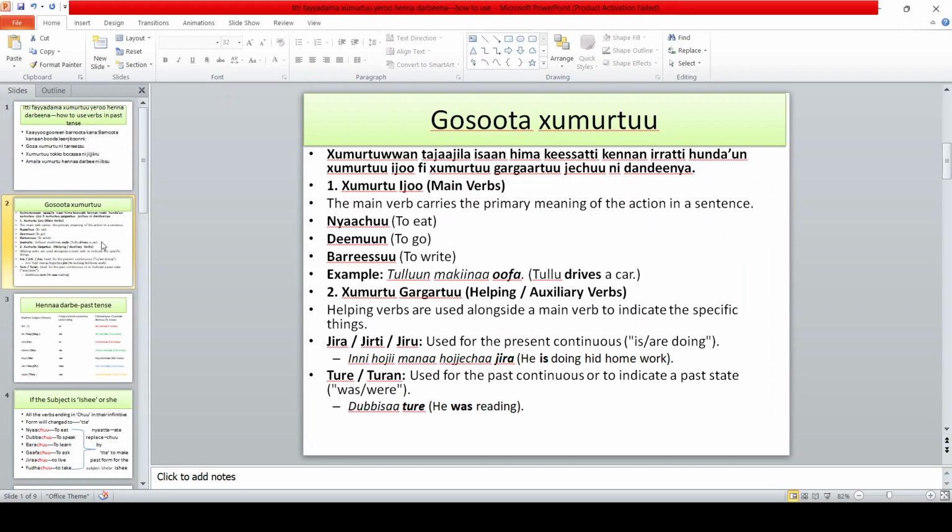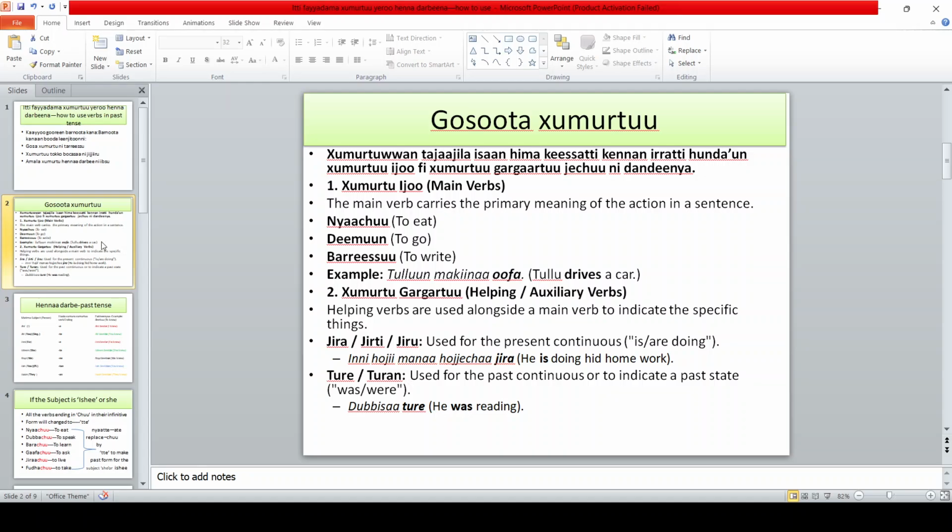When we look at the types of verbs, mainly we can classify them based on their function, such as main verbs, and then we have auxiliary or helping verbs.